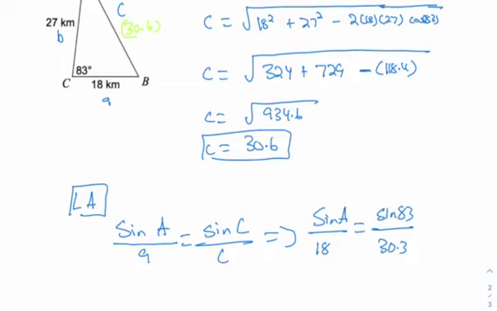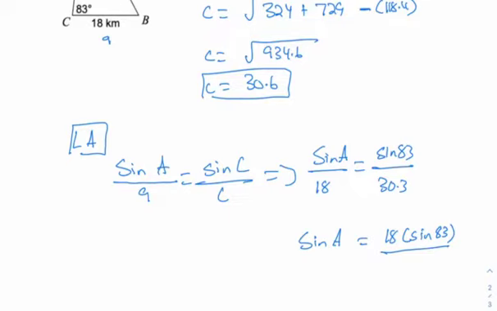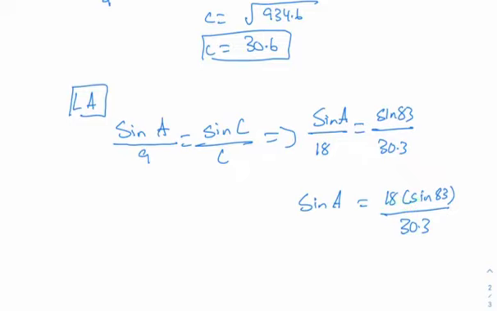So what I can do, I can do this in one step. If I multiply by 18 on both sides, it's going to give me this. So if you didn't catch that, you may want to go back and look, but it's always helpful to find faster ways to do these. I just multiplied by 18 on both sides. Now I can finish this with just one calculator operation.